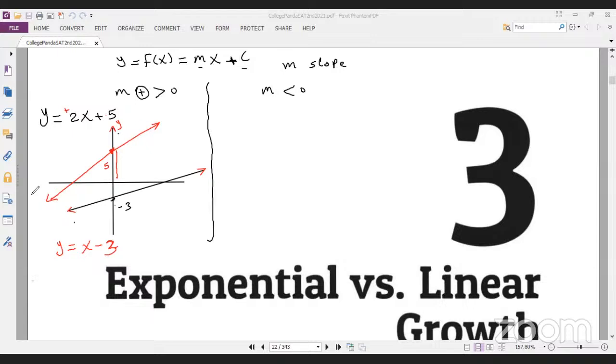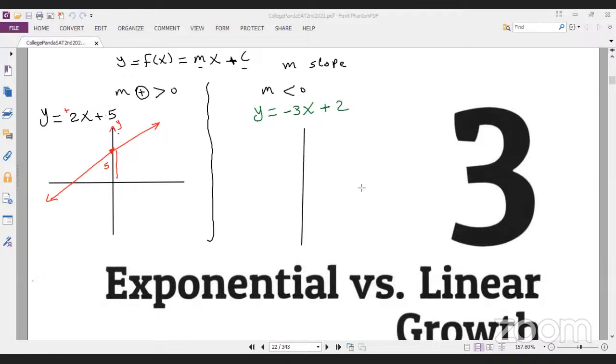Let's take another example about the negative slope. What does a negative slope look like? As an example, we have y equals minus 3x plus 2, something like this.